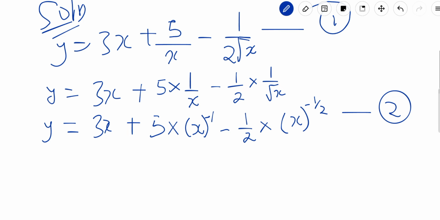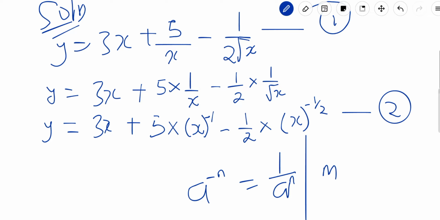So basically, the transformation I just did here follows the rules of indices. If you have a to the power of minus n, that is equal to 1 over a to the power of n. Likewise, we have the law that a to the power of m over n is the same thing as the nth root of a to the power of m.